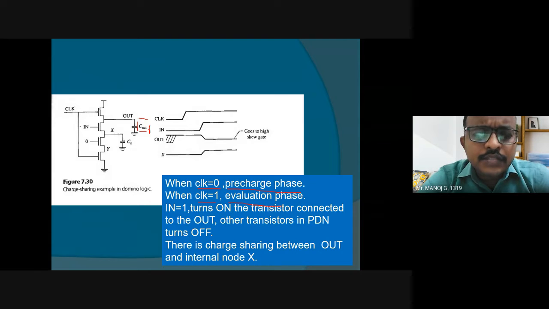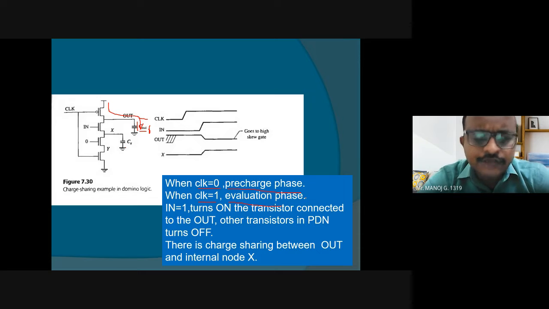It means that in the pre-charge phase, the charge from VDD gets transmitted into the capacitance, and that charge is stored during the pre-charge phase.